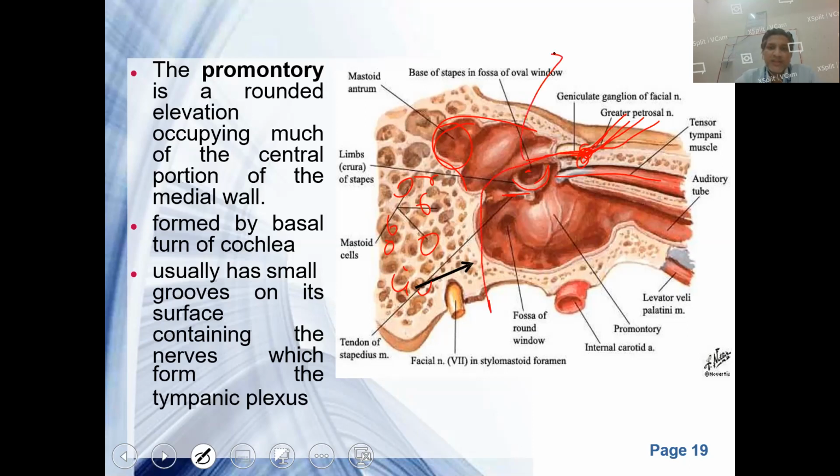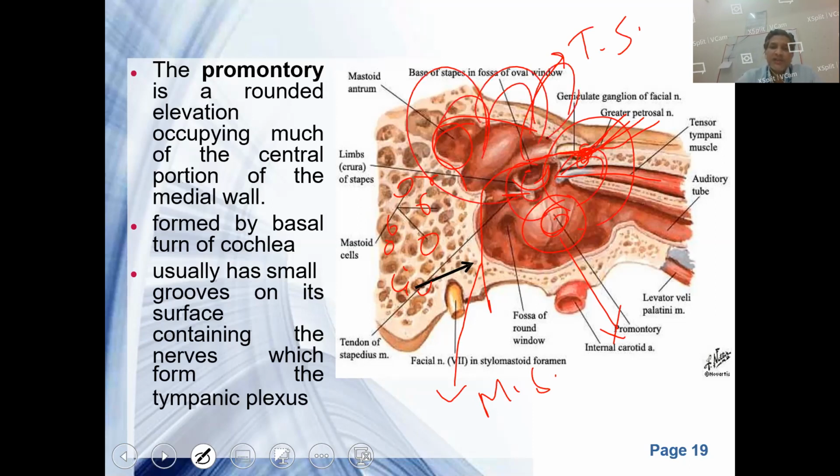This is the tympanic segment, and this vertical segment is called the mastoid segment. This prominence of the bone is due to the basal turn of the cochlea deep to it, and the semicircular canals will be deep to this part.